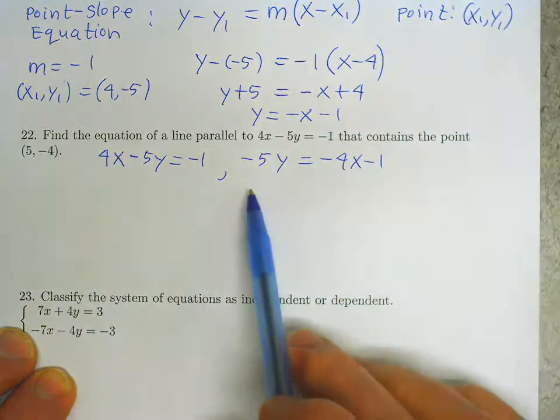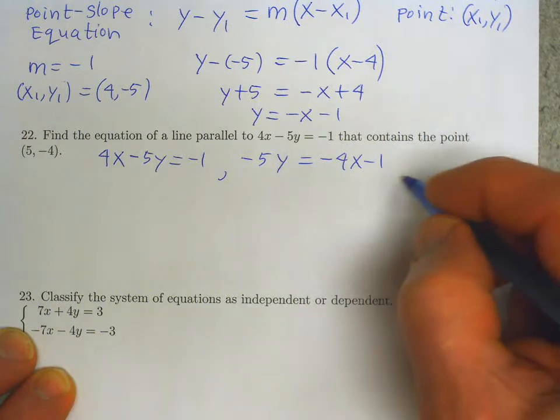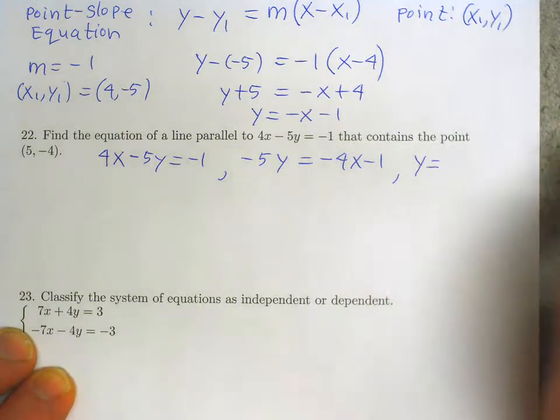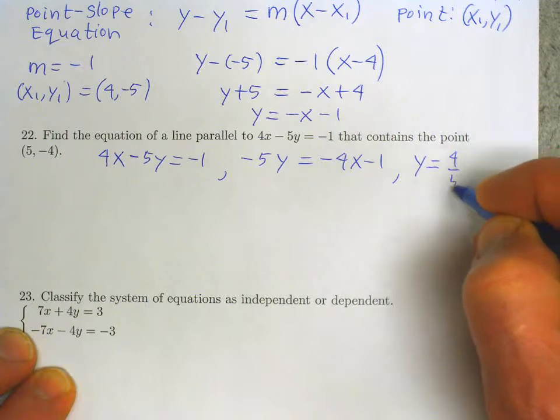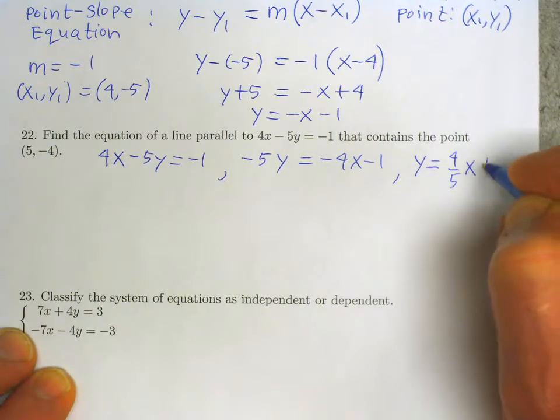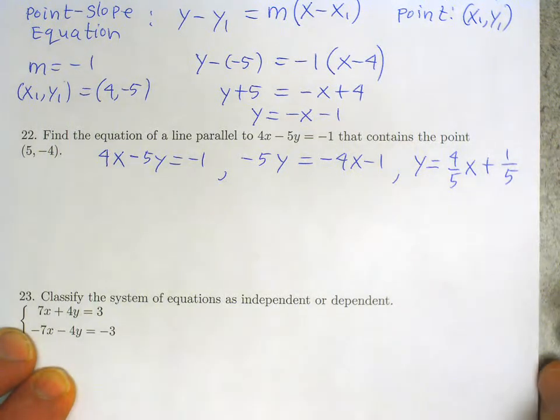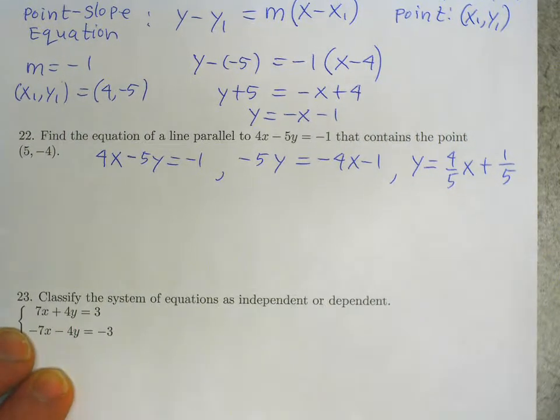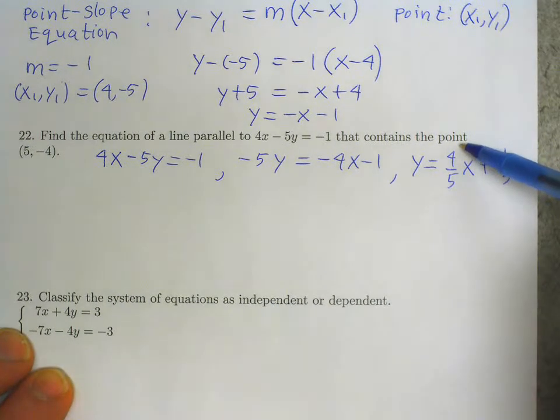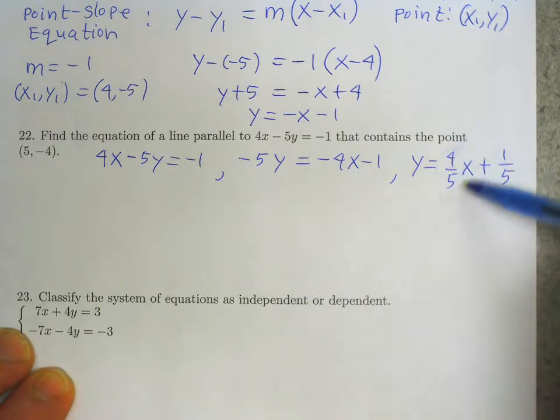And then divide every term on both sides by negative 5. And we get y equals positive 4/5 x plus 1/5. So the only thing about this equation that we need is the slope, 4/5.